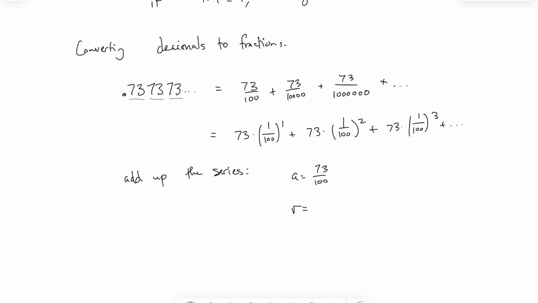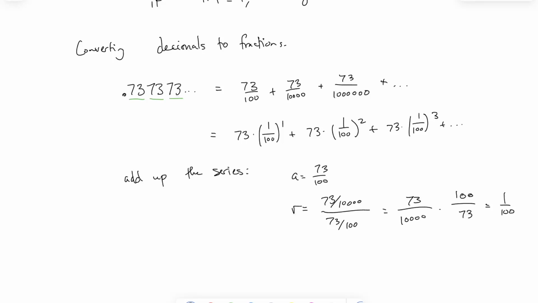And then the R is the ratio, each term divided by the previous term. So I'm going to take the second term divided by the first. So this is 73 over 10,000 divided by 73 over 100. And then simplify, I'll write the other one as a reciprocal. So the 73s cancel. A lot of the hundreds cancel. I think the answer is just 1 over 100. Right? That's the R.